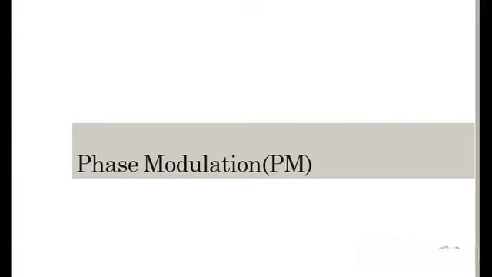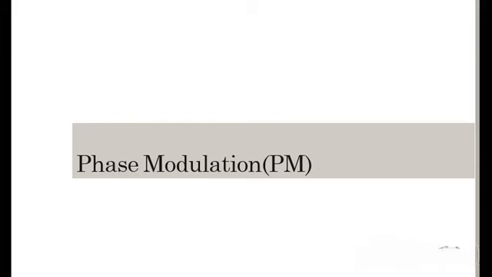In phase modulation, in graphical terms, the process is varying the phase of the carrier signal linearly with the instantaneous value of the message signal. In frequency modulation and amplitude modulation, the frequency and phase of the carrier signal are kept constant.